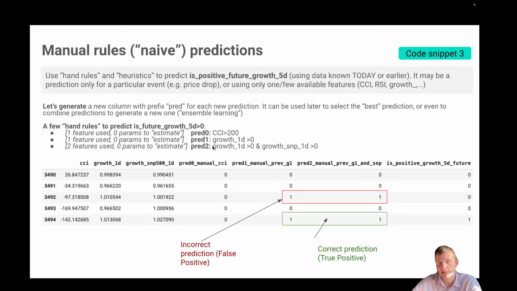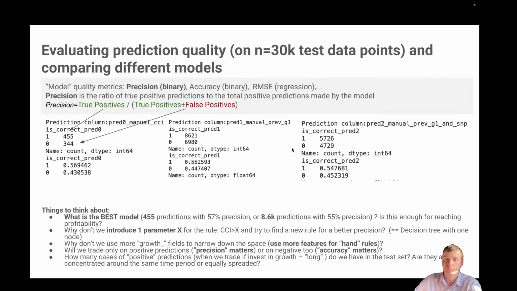So it says that I want to focus only on those days where my growth was positive for the ticker, but also the growth of the overall market was positive. So it will predict 1 on the same predictions as prediction 1, but sometimes it will predict 0 when growth for the market was negative. So it can be good, it can be a bad sign, we don't know.